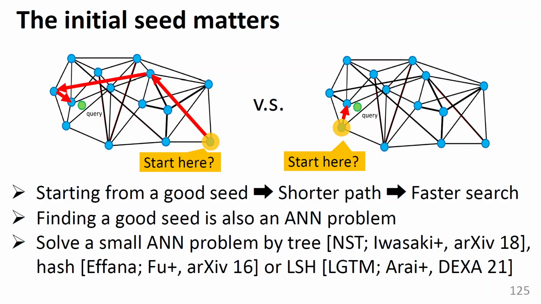But how about if we have another entry point that starts here? Just one jump, and you can reach your nearest neighbors. So the idea is that sometimes we can start our search from a good seed. It means you have a shorter path and a faster search.